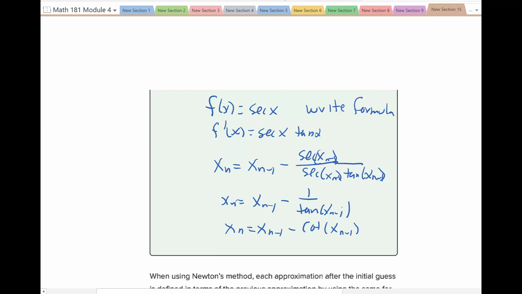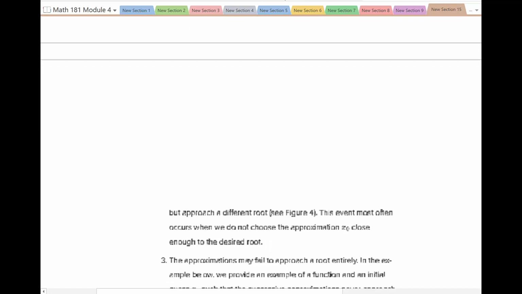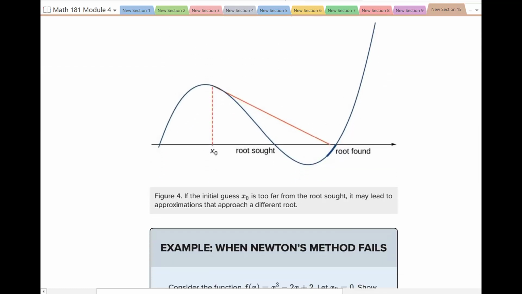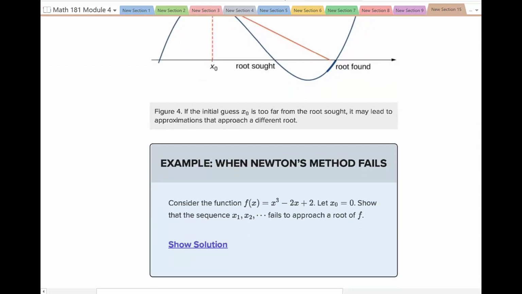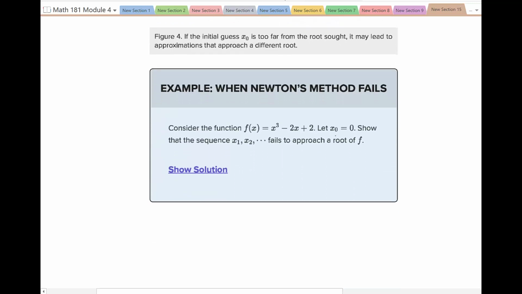Okay. Got a couple more to look at. So we talk about places where it's not going to work out. Sometimes if you choose your x0 in the wrong place, it can get stuck. So let's try it with this one. F prime of x is going to be 3x squared minus 2.